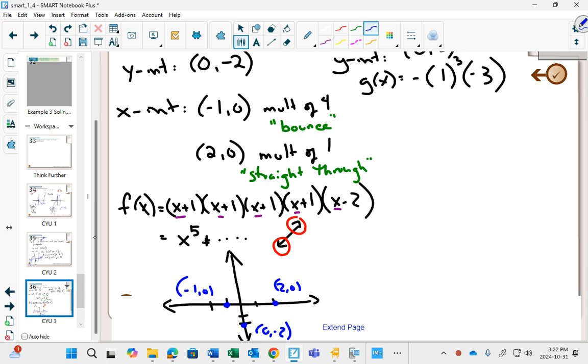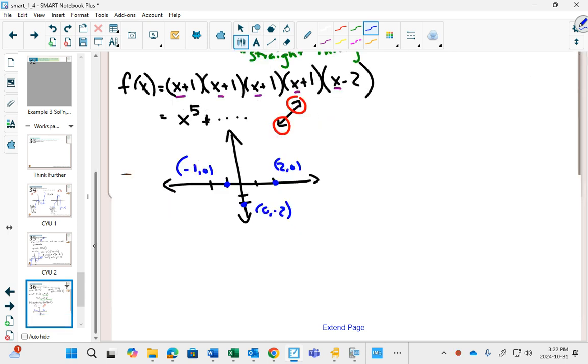And behavior has to start down here. It's going to bounce off of that one and end up here. Sure looks like an x cubed graph, but it's an x to the 5 graph.